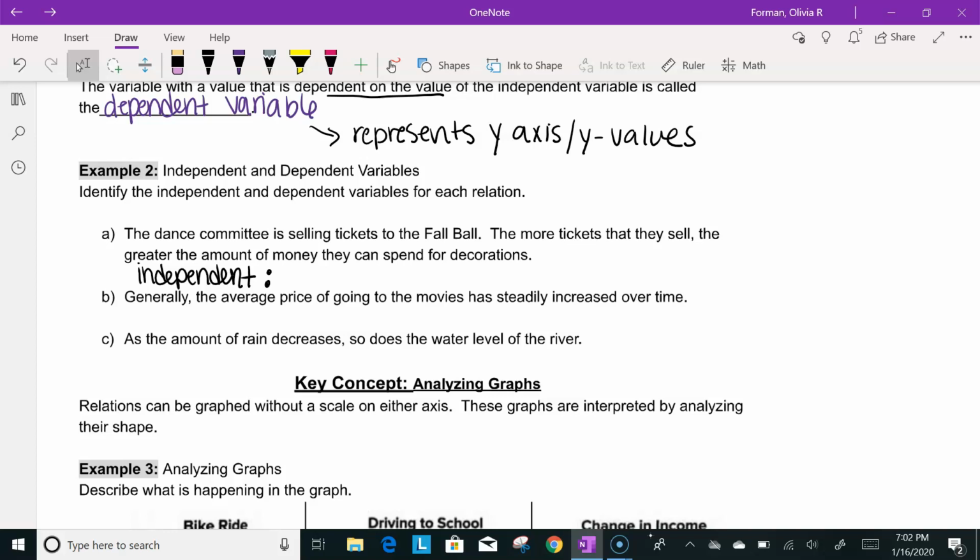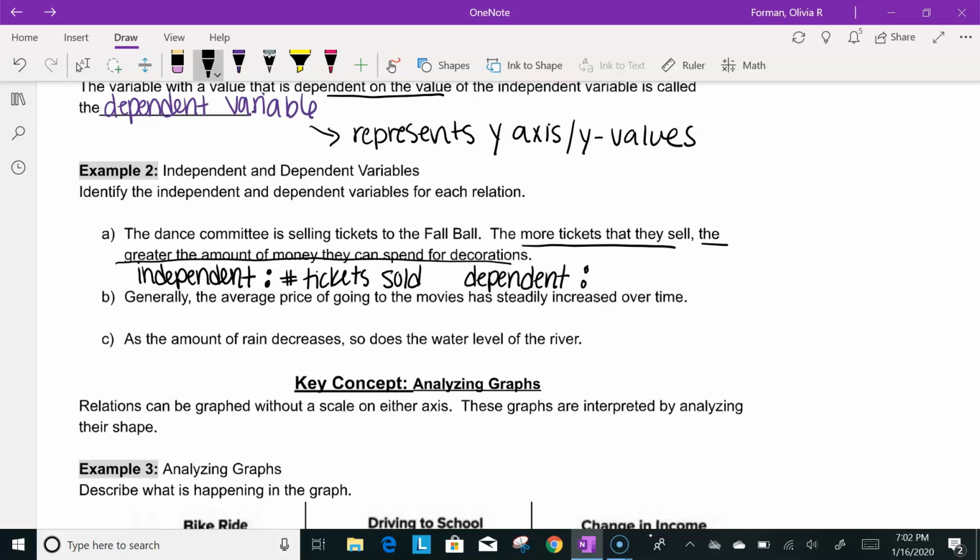When I look at this, the more tickets that they sell, the greater the amount of money they can spend. So the independent is the number of tickets sold, because that in turn is going to affect what they are able to spend on decorations.